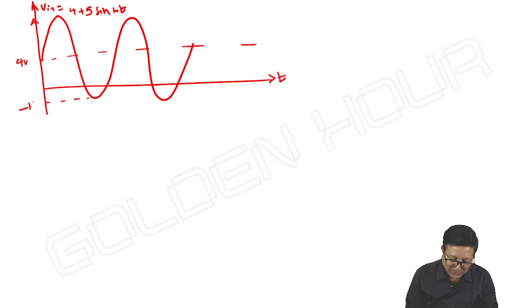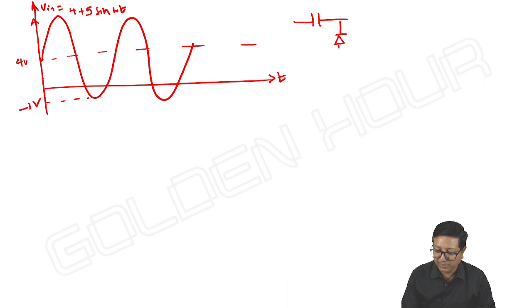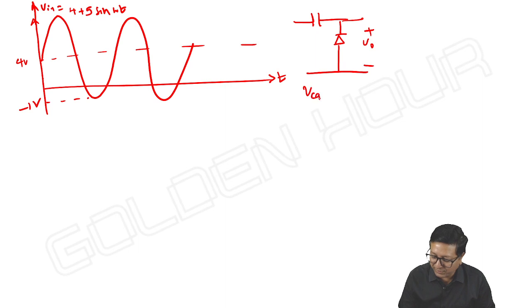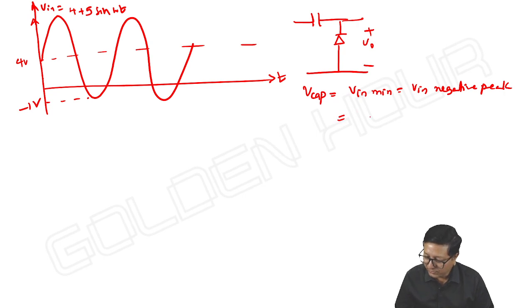So what is V input minimum? This is passed through our positive clamper. Don't worry about the duration in which the capacitor charges, etc. What happens in the steady state? The capacitor will charge up to V capacitor is equal to V input minimum, or V input negative peak, once the diode is on. So it is minus 1 volt.